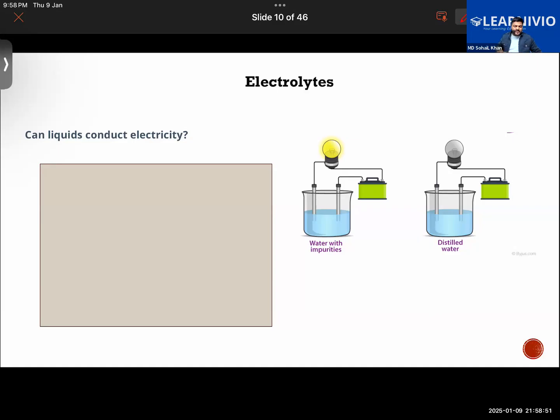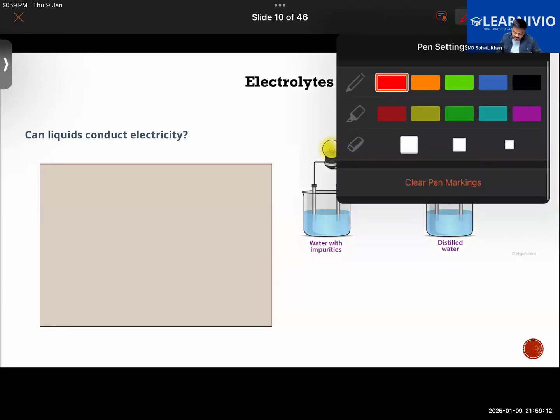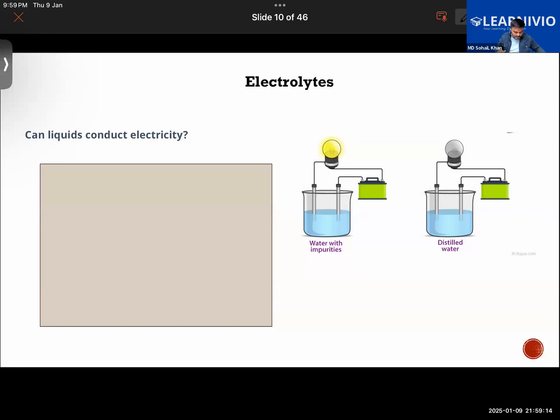So all liquids will not be conducting electricity, only certain liquids will. Also, liquid metals, for example mercury, can conduct electricity. But that doesn't mean we will replace copper with mercury, because it is in the liquid state, so it can't be made into wires.